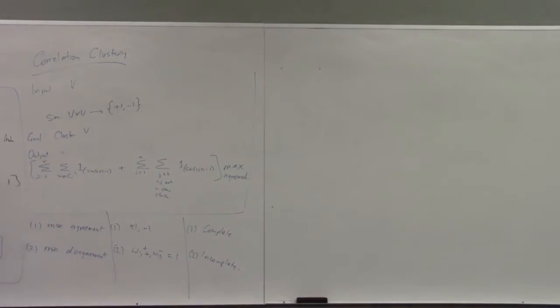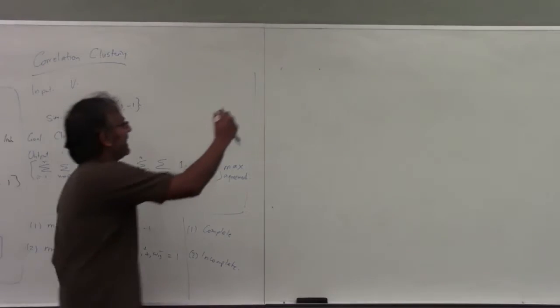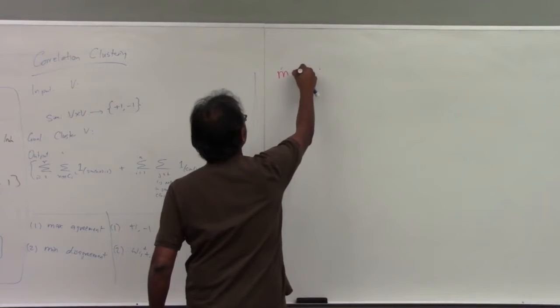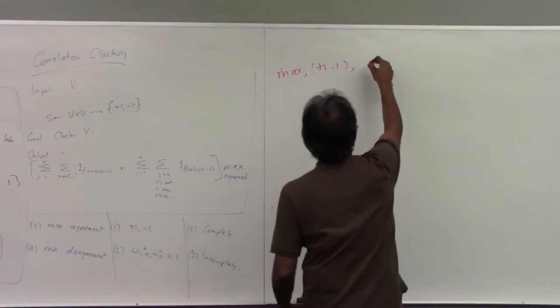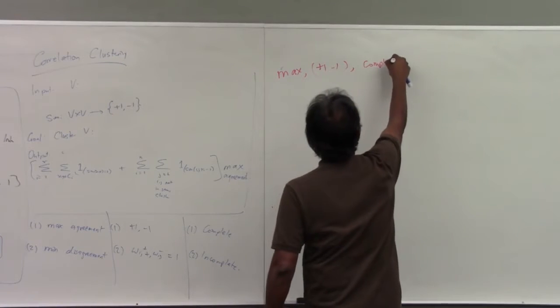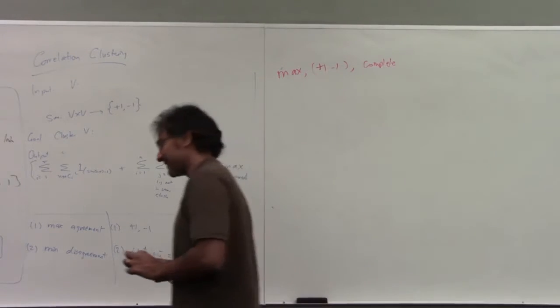So let's talk about some algorithms now. How do we actually go about, now that we've put in all this build up and understood the landscape of these questions, solving such a problem? So let's think of an easy case. The easy case we're going to think of right now is max, plus 1 minus 1, complete, the 0, 0 case.